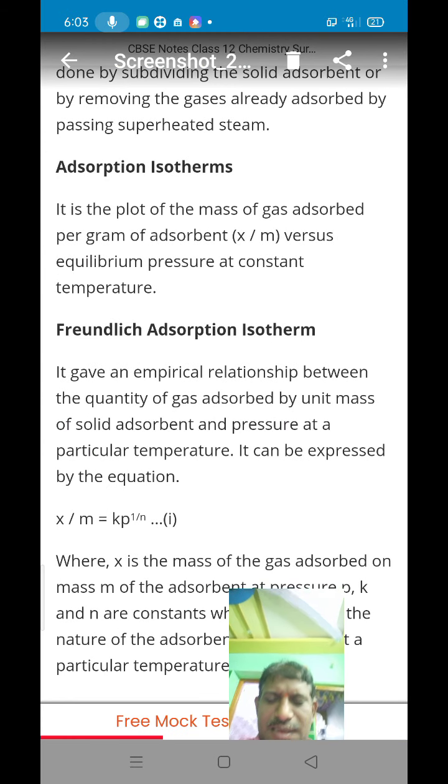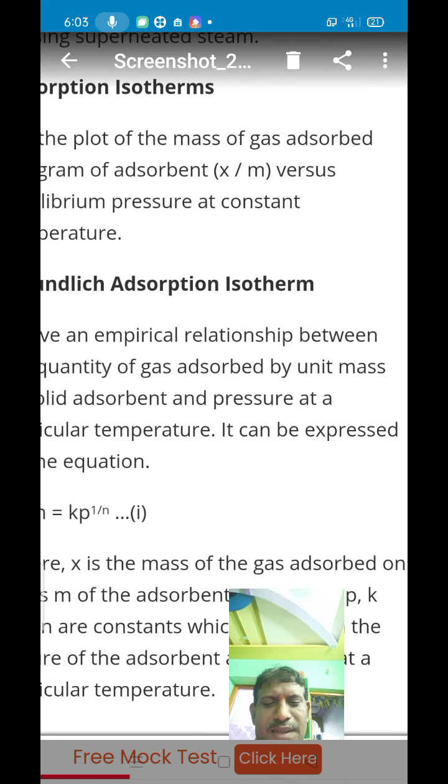Now let us discuss Freundlich adsorption isotherm. Freundlich gave an empirical relationship between the quantity of gas adsorbed by unit mass of solid adsorbent and pressure at a particular temperature.